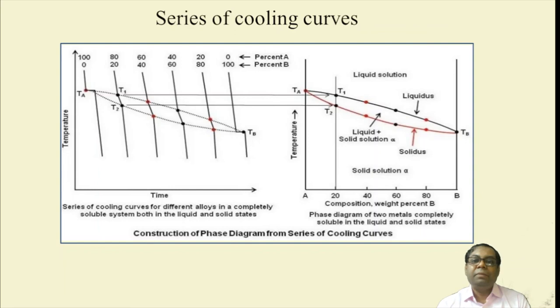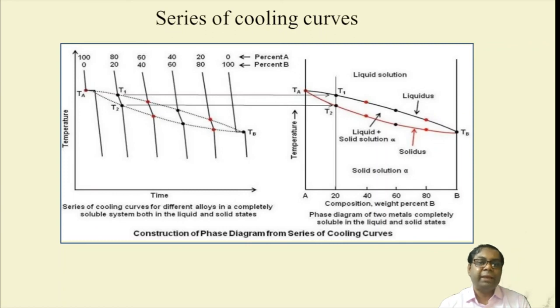Now the series of cooling curves, if we put them just as I have shown over here, then you are going to get an idea of how the temperature versus time curve is affected for liquid and solid phases. In the second curve, there are two different lines.